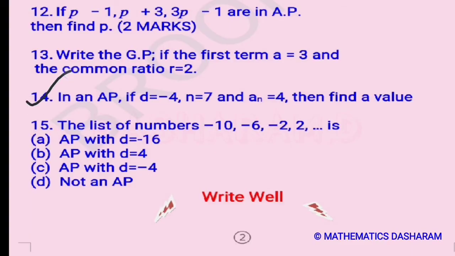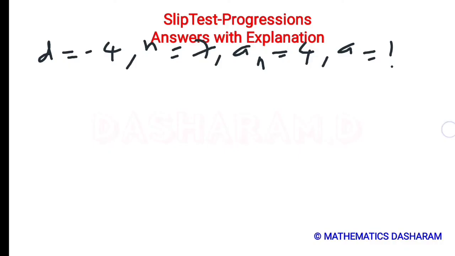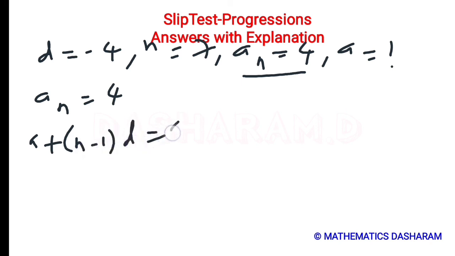Next, 14th question: in an AP, if d equals minus 4, n equals 7, an equals 4, then what is the a value? To find the a value, an equals 4 is given, so use that. An formula: a plus n minus 1 into d equals 4. Now substitute d and n values.